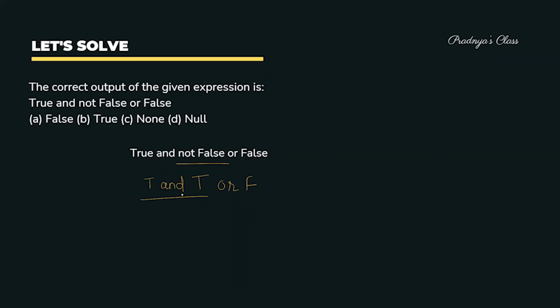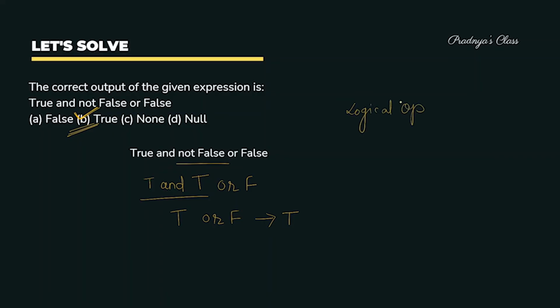So true and true, it gives answer in the form of true. So true or false is the last expression, and you know true or false is true. So we got the correct answer in the form of B, which is mentioned here as true. I think we have got lot of practice with the logical operators.